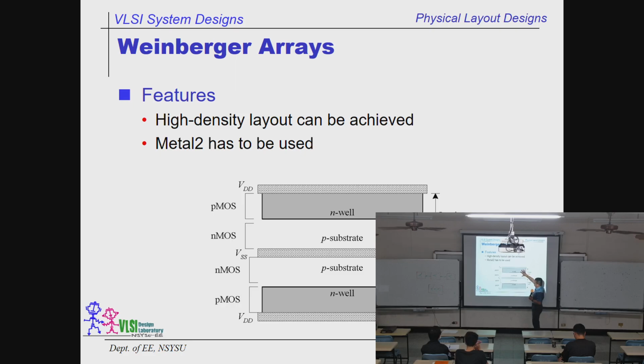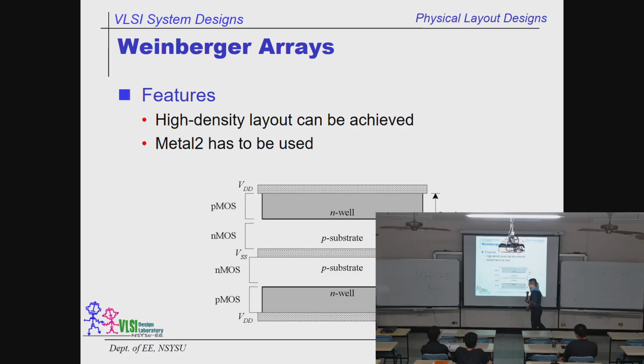If we have a group of cells, the VDD is on the top, the VSS is on the ground, and we find out that they don't need any channels in between. For the next one, we can flip it over, reverse it, so that for this group of cells the VSS is on the top and VDD on the ground, so that these two blocks can share the ground together. That will save you some space.